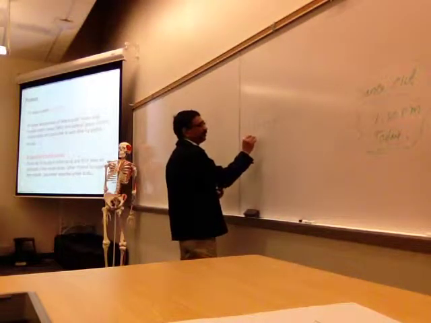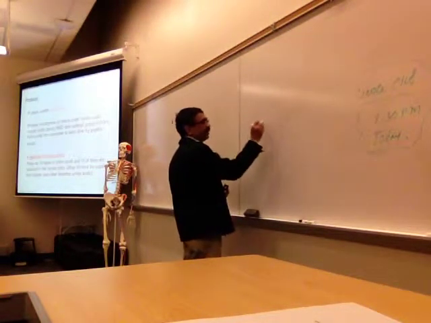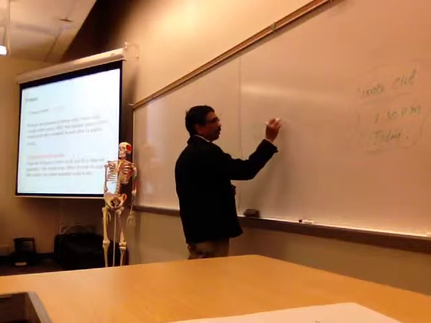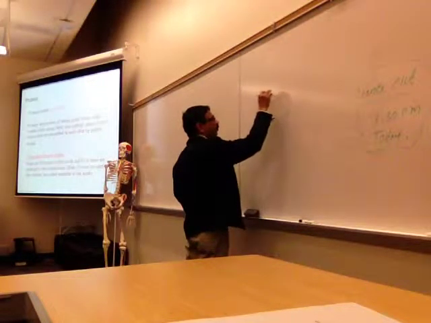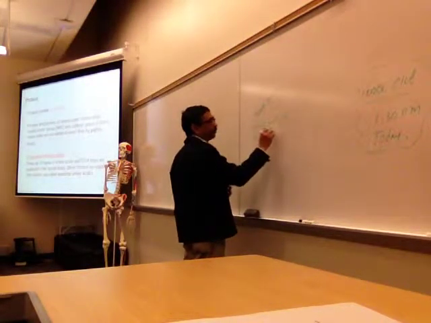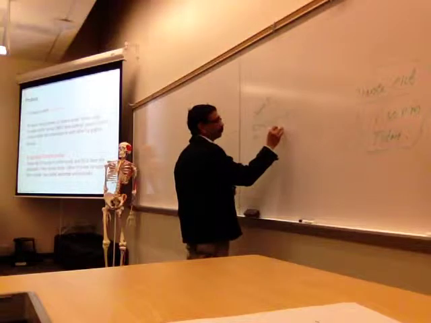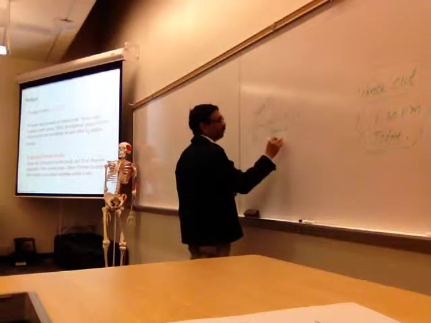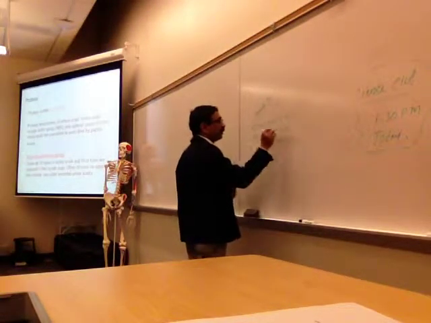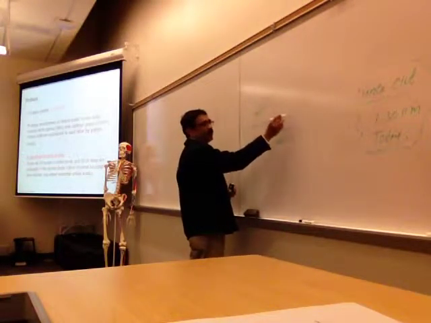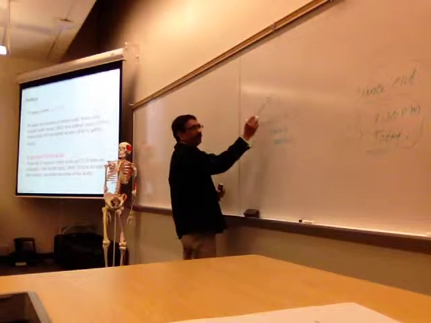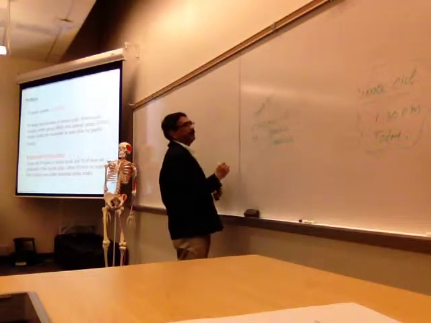Amino acids join to each other by peptide bonds or links to form a protein molecule. Okay, so this whole thing is a protein molecule and these are amino acids. They join to each other to form the protein molecule.